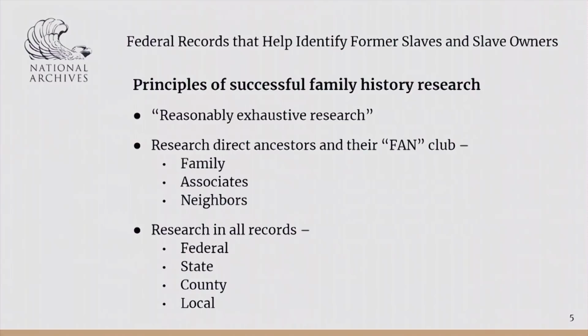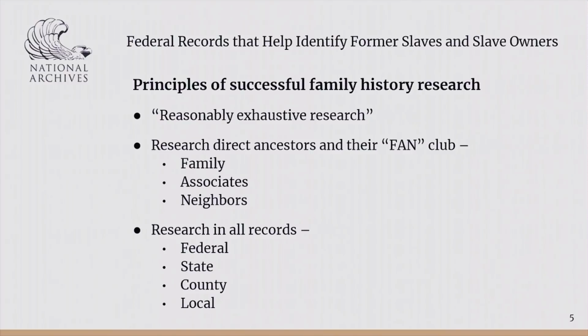Before we get started talking about records, I'd like to talk about some of the principles of successful genealogical research. Successful research requires reasonably exhaustive research, searching in all the records that relate to the time and place in which an ancestor lived. It involves researching not only the direct ancestor, but also their fan club, their family.